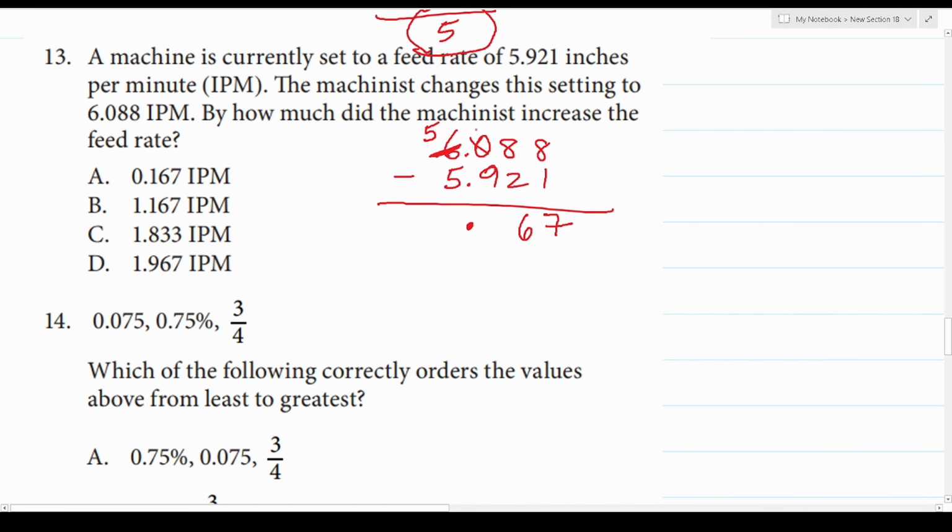This becomes 5, and this becomes 10 now. 10 minus 9 is 1, and 5 minus 5 is 0. So we can see that if our math's right, the machinist increased the rate of feed by 0.167 inches per minute. Okay, so just a simple case involving the subtraction of decimals there.